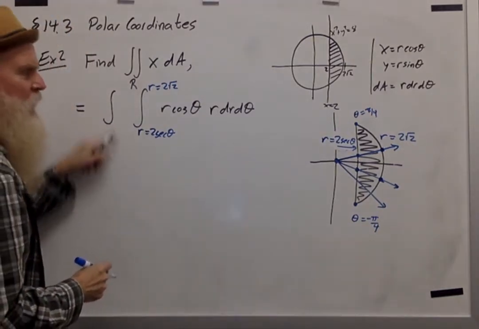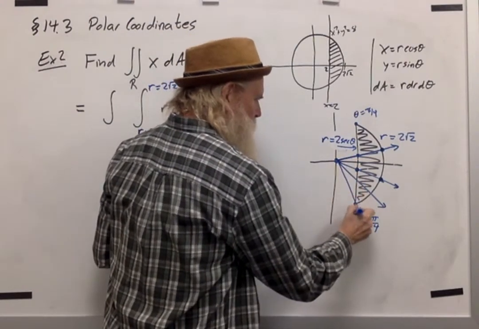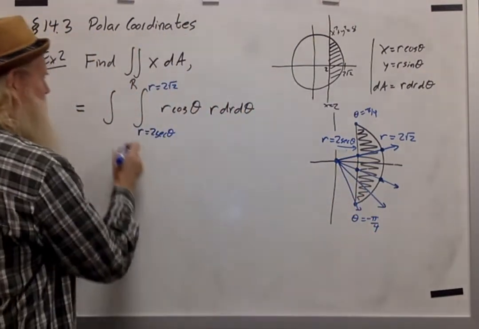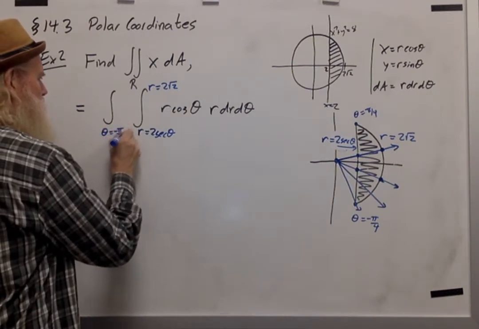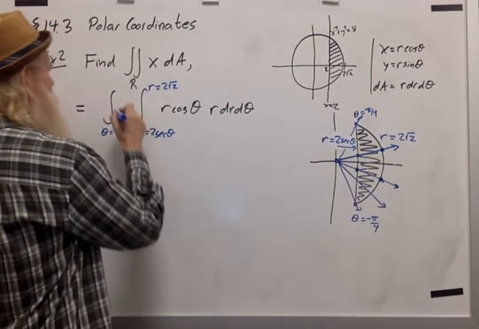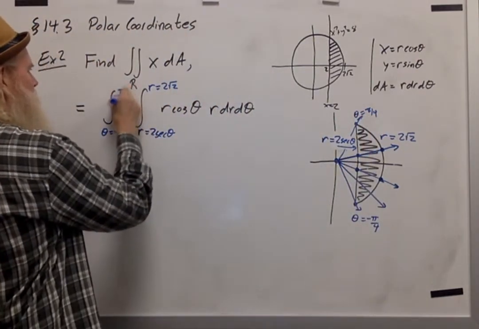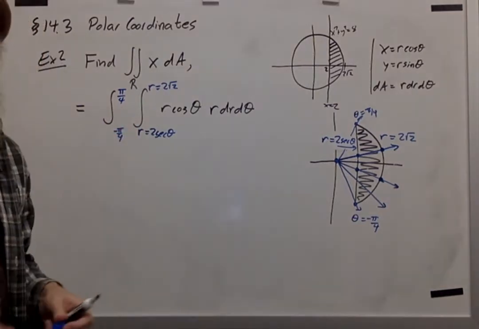As far as theta goes, we're going to have to go from the smallest value of theta in the region, which is negative pi over 4, to the largest value of theta in the region, which is pi over 4. So those are going to be the bounds.